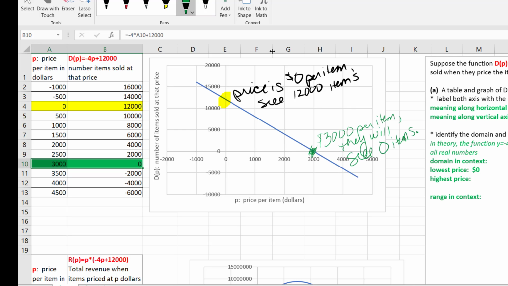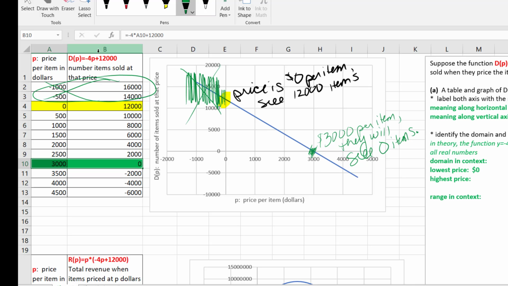We already said the lowest possible price they could charge is $0 per item. That means this graph doesn't make any sense in context for values below p equals 0. These points do not make sense on the graph, and they do not make sense in the table, because they don't make sense in reality.